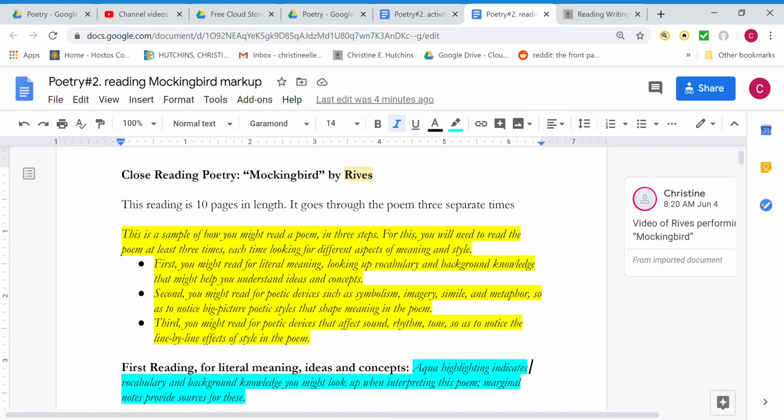And again, I've put marginal notes that explain some of those. The third reading is for poetic devices affecting sound, rhythm, and tone, the line-by-line effects of style within the poem, which in this poem, which is very sound-based, there's quite a lot of.